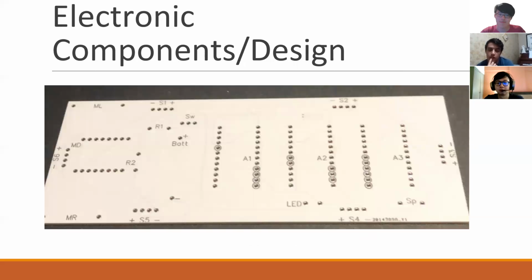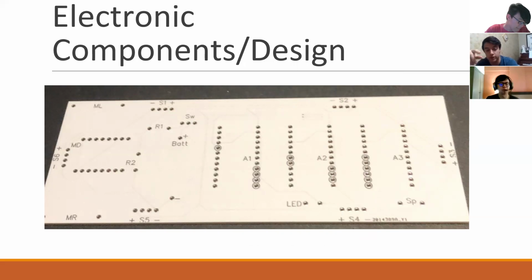Next up, this is the PCB designed by our own Alex. As you can see on the PCB, you have the 3 Arduinos, the 13 pin rows. You can see A1, A2, A3, that's where the Arduinos go.